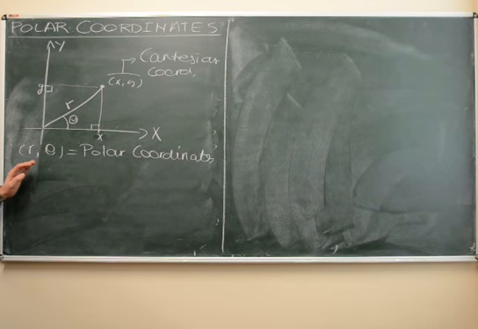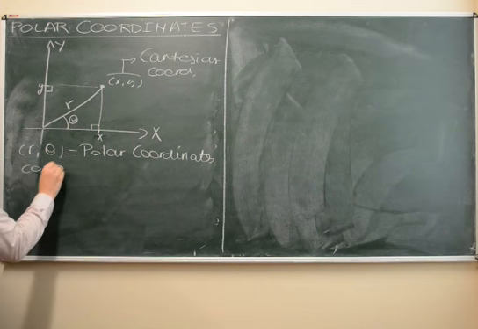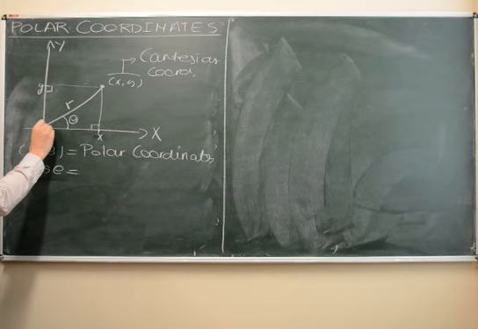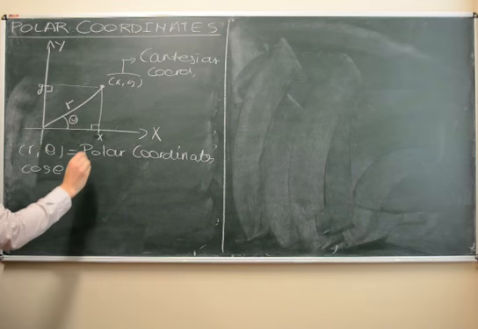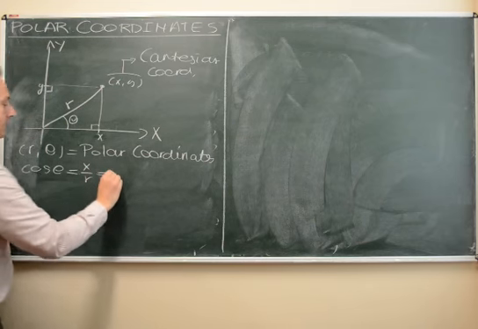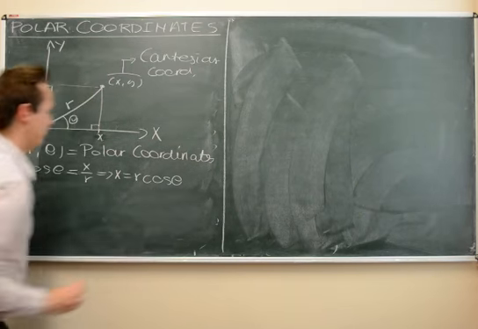Now, how do these different coordinates relate to each other? Well, if you calculate, say, cos of this angle, then we're sitting here in a right triangle, and the cosine of an angle is always the adjacent side of the triangle over the hypotenuse. So x over r. So that tells us that x is r cos theta.